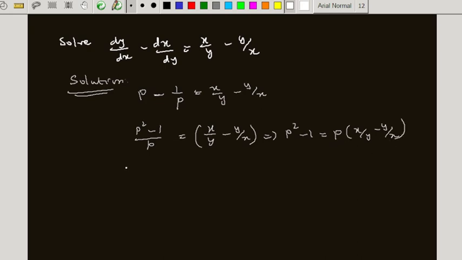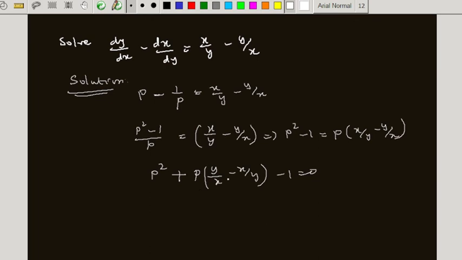So this one we bring to left hand side, and we write this as p square plus p, we interchange the symbol here, y by x minus x by y. So it is nothing but minus is multiplied here equal to 0.